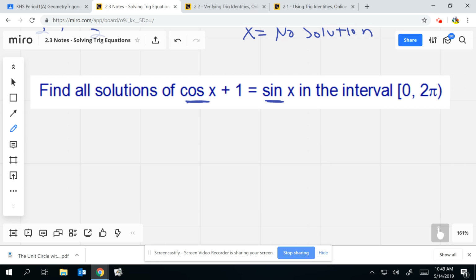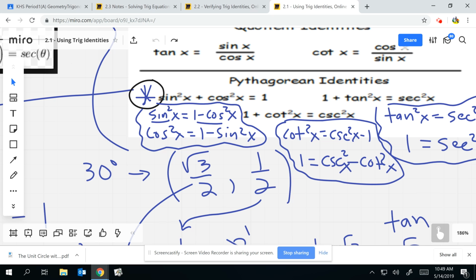But there is one if you have them squared. Remember, if I take out sine squared, I could put in 1 minus cosine squared. So I need to have it squared, though, to do that. I can't just put sine equals 1 minus cosine. That's not true. It's sine squared that equals 1 minus cosine squared.